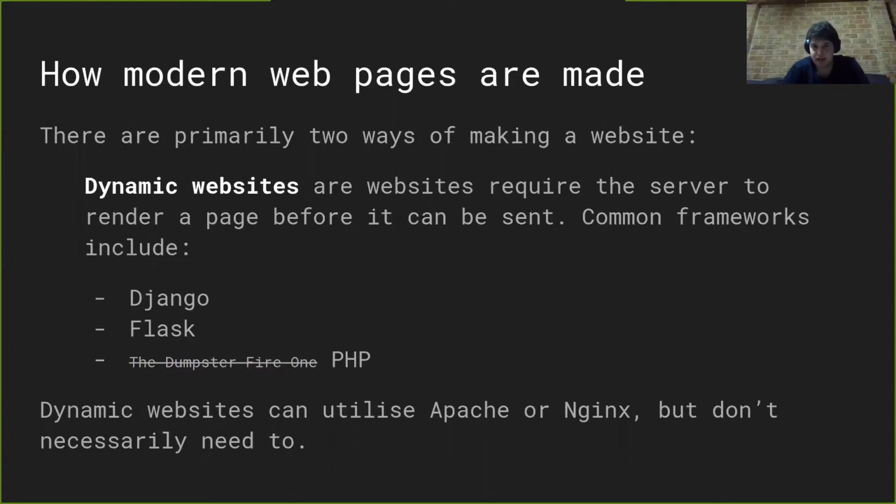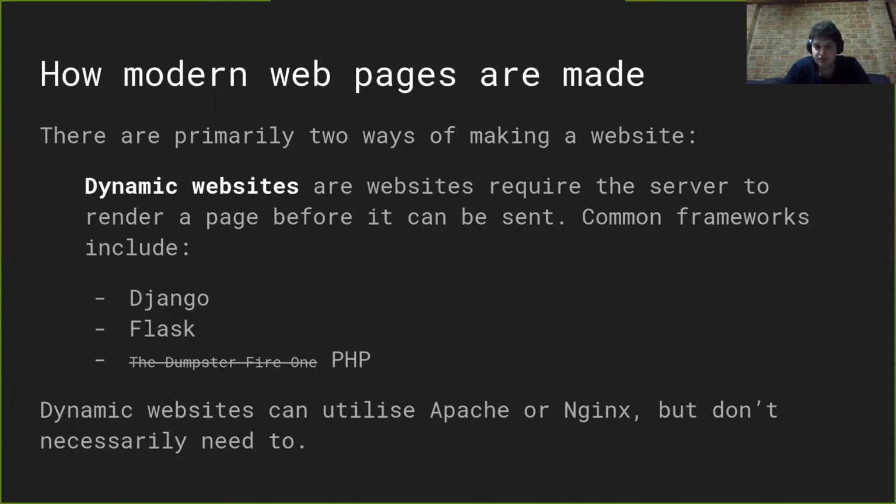The other way of making it is making something called a dynamic website. These are websites that don't have a singular file that is shown to each user. These will actually change their contents based on the user's input. So think something like Facebook, where the newsfeed is constantly different every time you go to it, because it's generating that newsfeed every time you request it from the server.